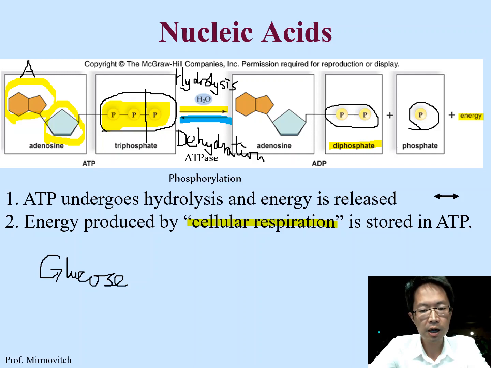And for our class, when we talk about cellular respiration later in the semester, we will use glucose as an example to explain how we convert food, for example glucose, into ATP, so that we will have energy to live our daily life.